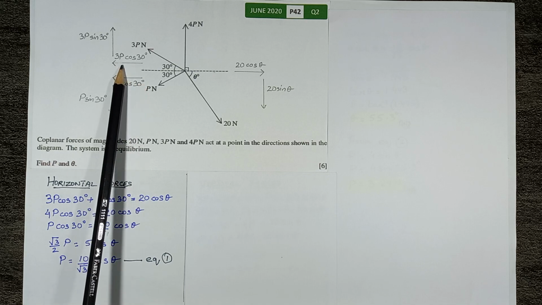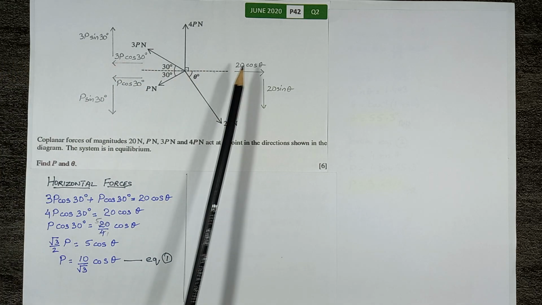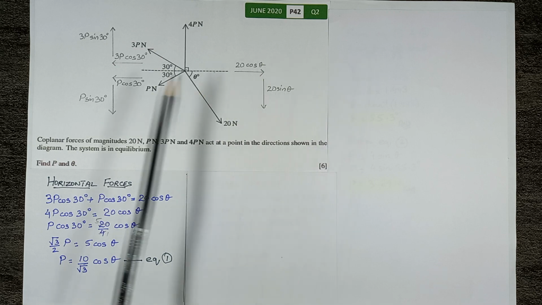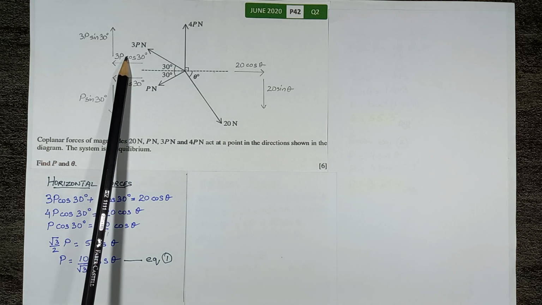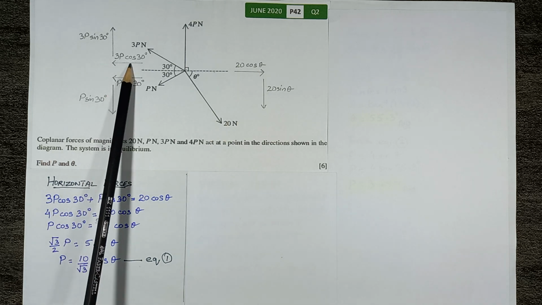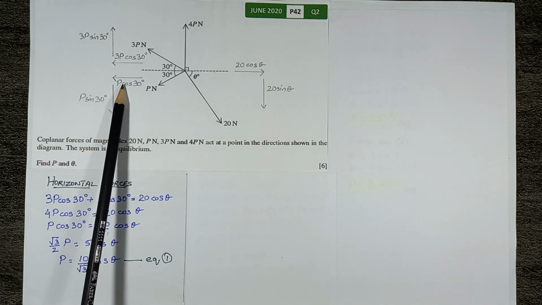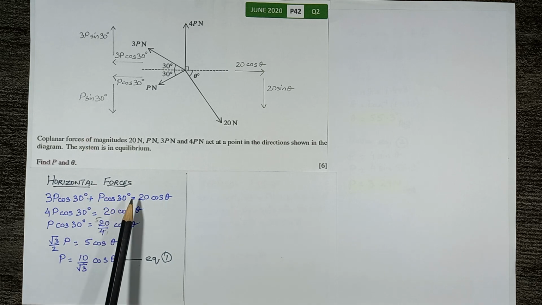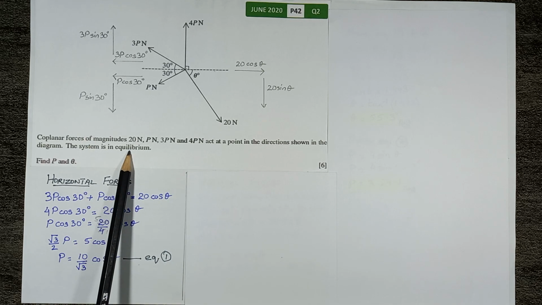These two forces are pointing in this direction and 20 cos theta on the other. That means the sum of these two would be equal to 20 cos theta. We have done the same: 3P cos 30 degrees plus P cos 30 degrees is equal to 20 cos theta, because it is an equilibrium.